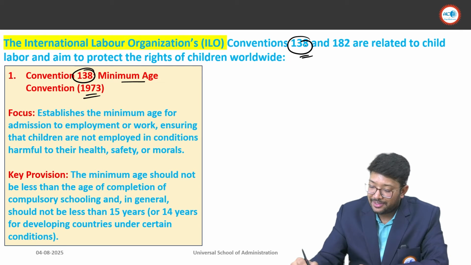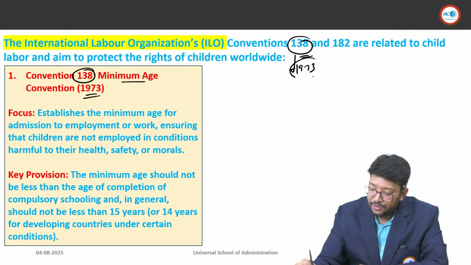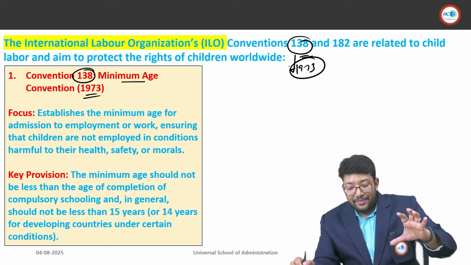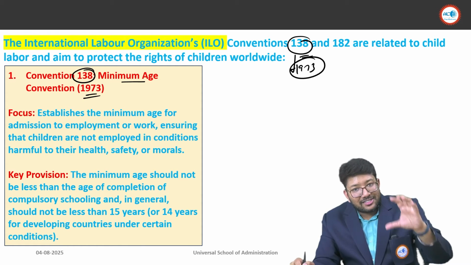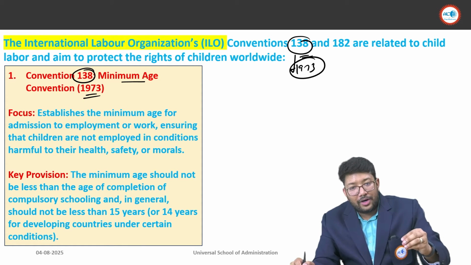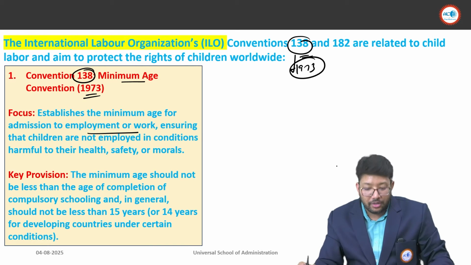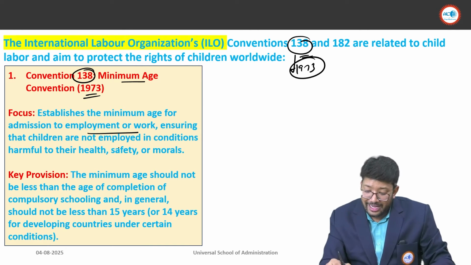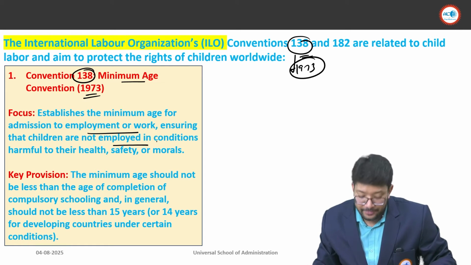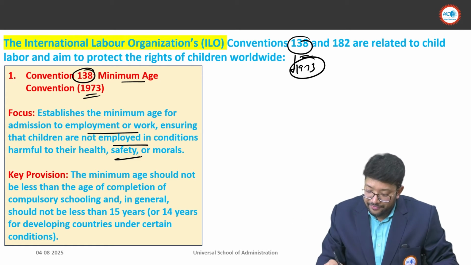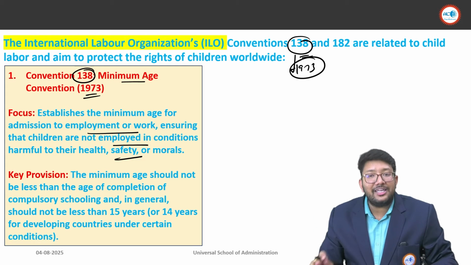It was in 1973. Okay, you have to remember that. Now Convention 138 was established to do what? To set the minimum age for admission to employment or work, ensuring that children are not employed in conditions harmful to their health, safety, and morals.